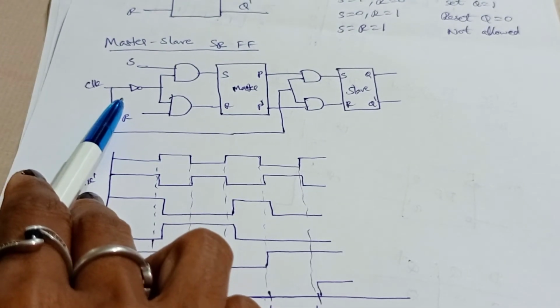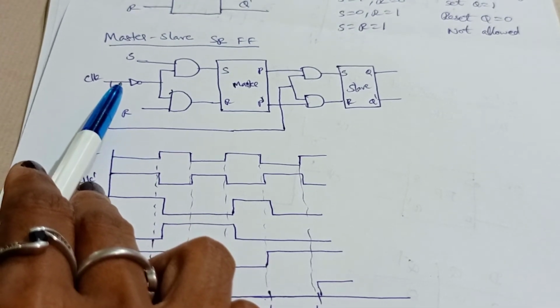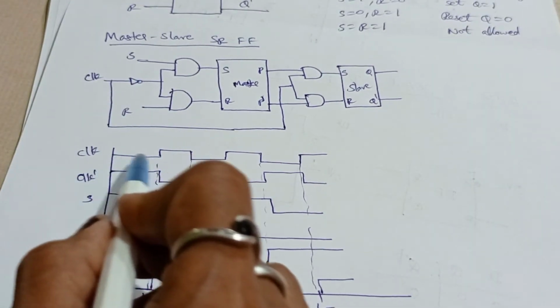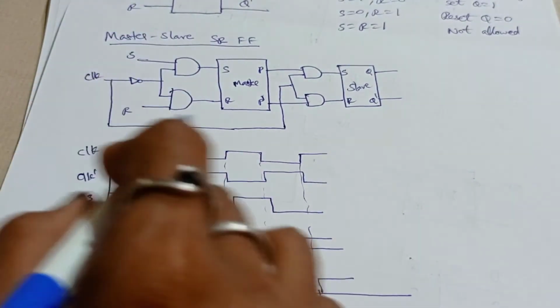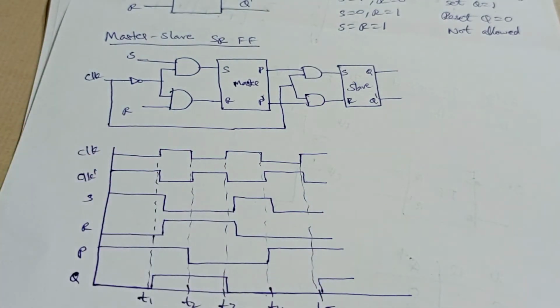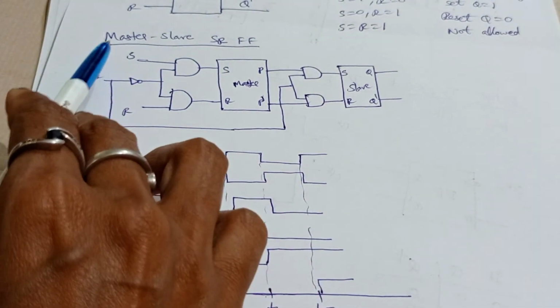This flip-flop changes state after the rising edge of the clock, that means from 0 to 1. Only then will it change the state. The circuit is often referred to as a master slave flip-flop.